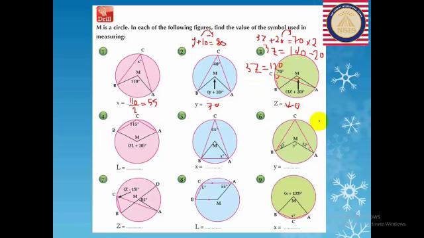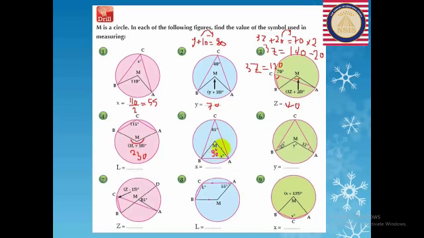Okay, nice. Let's see this. This is 115 and this is its central angle, so it's double 115. What's double 115? 230. You can solve it as an equation like this one: 3L plus 10 equals 230, and solve it. Here, this is 45, an inscribed angle. What about the central angle? It will be double of 45, which is 90.